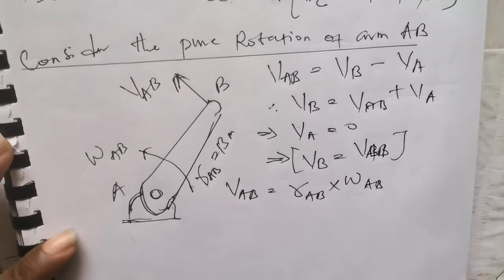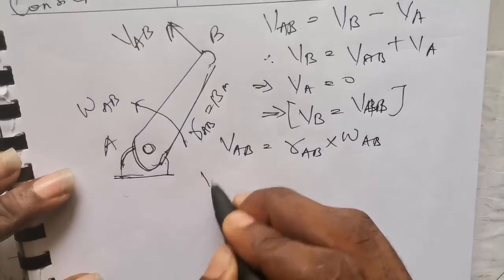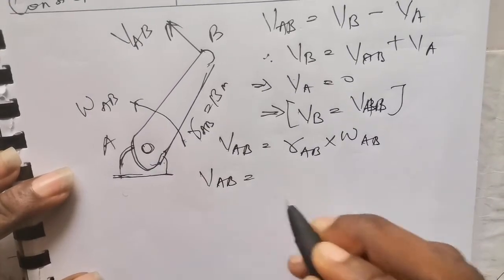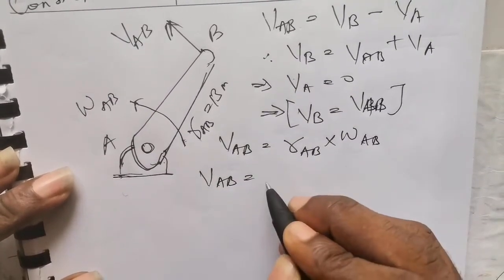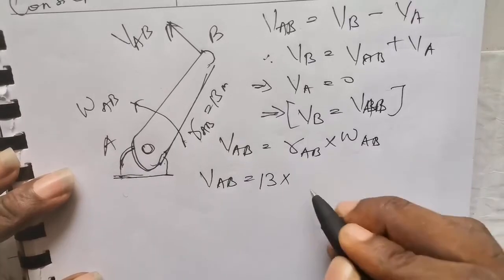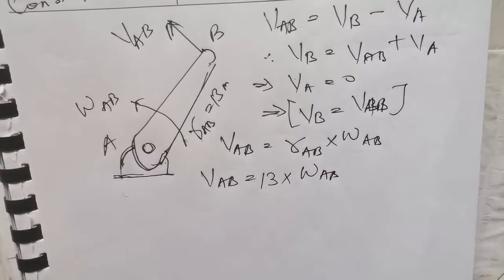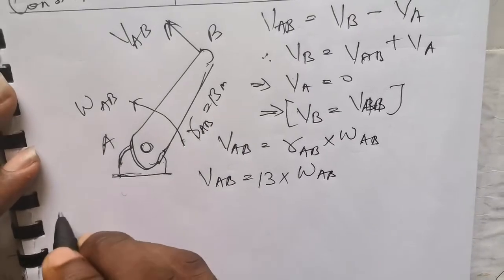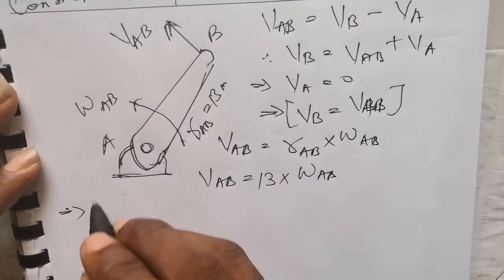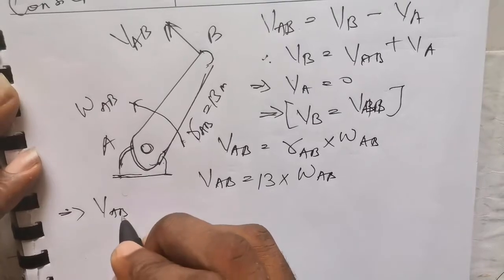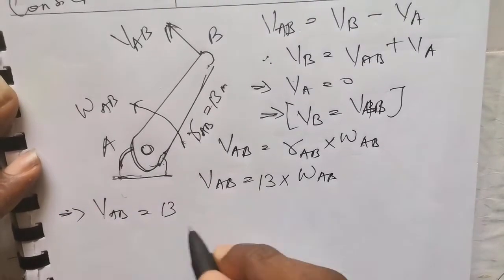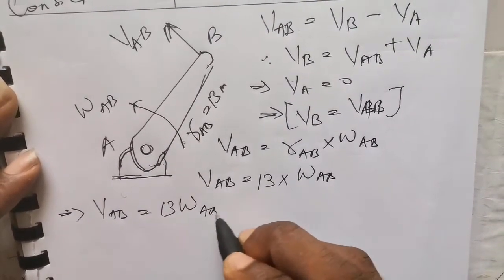Now we can find the relative speed. Therefore, VAB equals RAB, which is 13 meters, multiplied by the angular speed relative to B from A. This simply implies that VAB is equal to 13 omega AB.